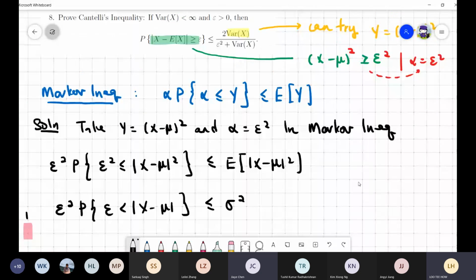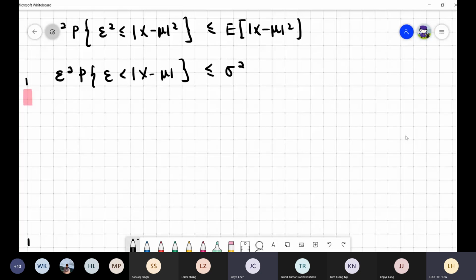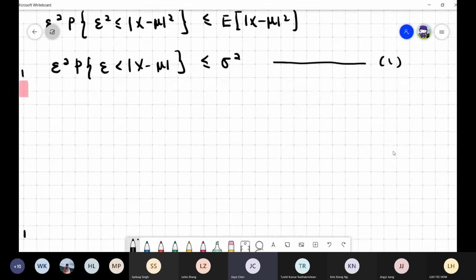Okay, I got one inequality, but this is not what we want. So I got one inequality first. So this is number one. And the next one, this is clear. P of this, a probability is always less or equals to 1, right?